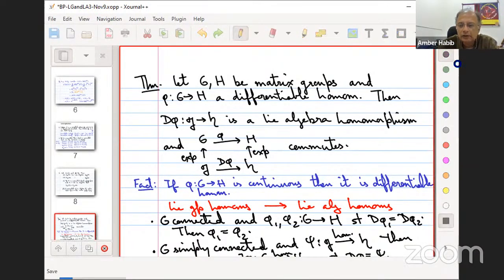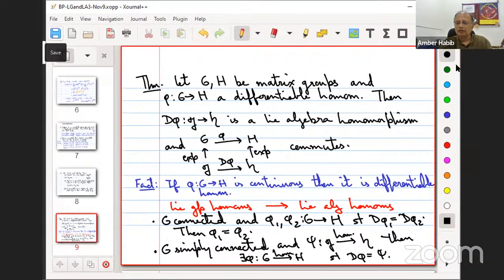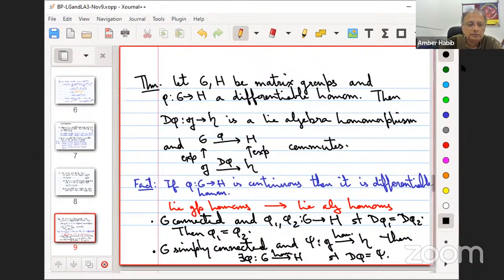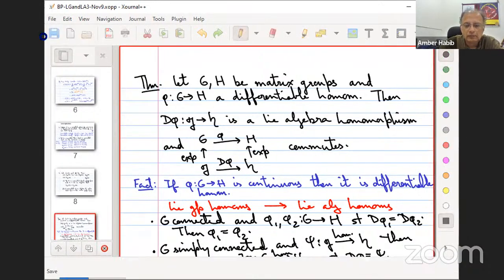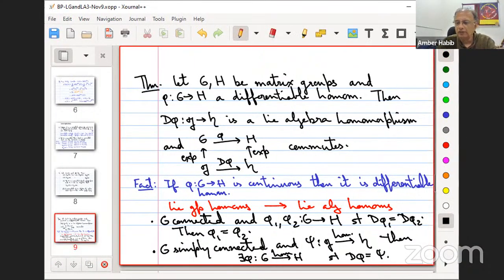And again, hopefully this is not too surprising. You know that when things are simply connected, then lifts work. So in fact, one has to go through all that general theory to derive this. So anyway, there's a correspondence between Lie group homomorphisms and Lie algebra homomorphisms, and it's reasonably good.